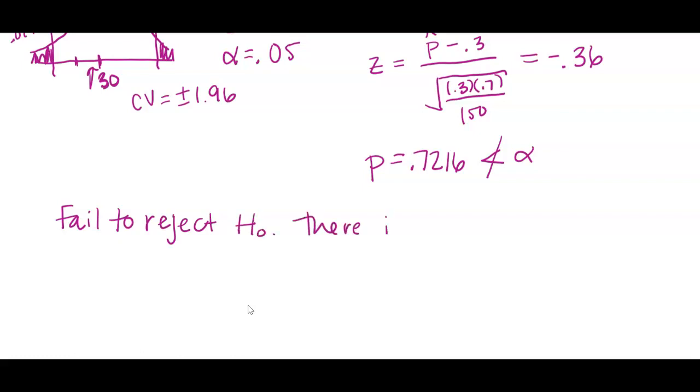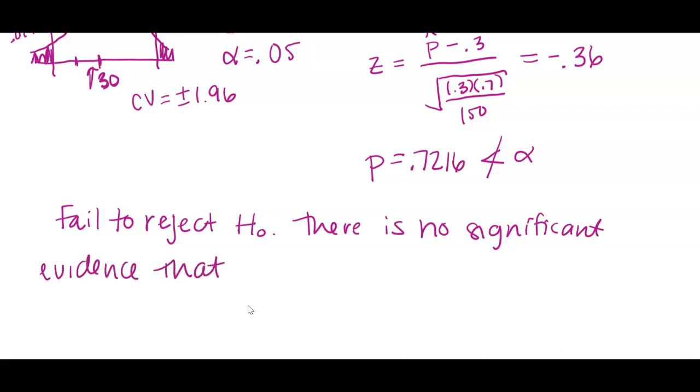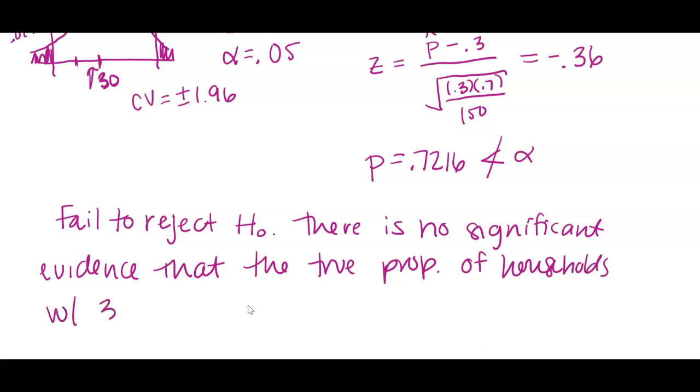There is no significant evidence that the true proportion of households with 3 cell phones is not 30%. So we think it's probably true that it is about 30% or somewhere in there.